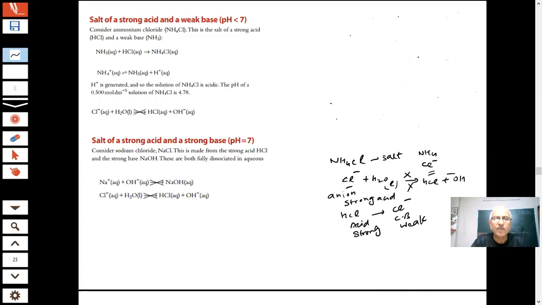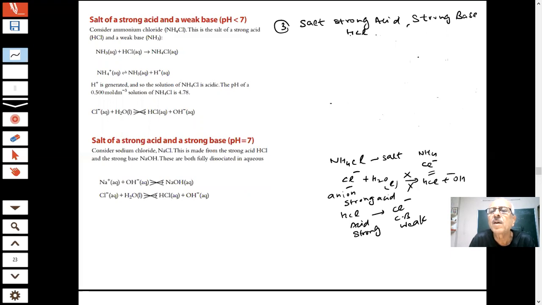Now we are saying third case. We have salt of a strong acid and a strong base. Can you give me an example of strong acid, strong base, student?